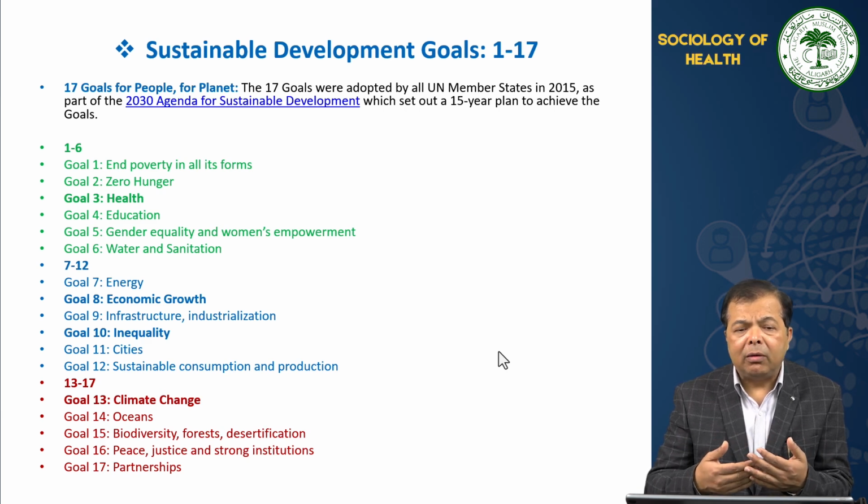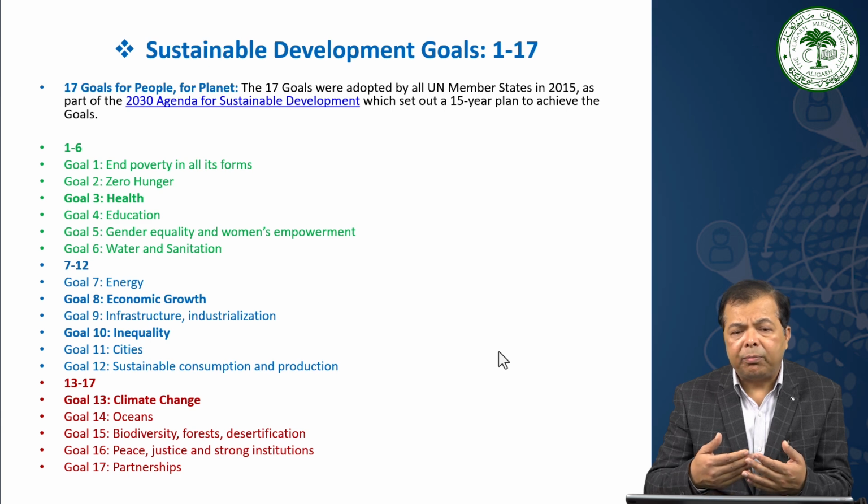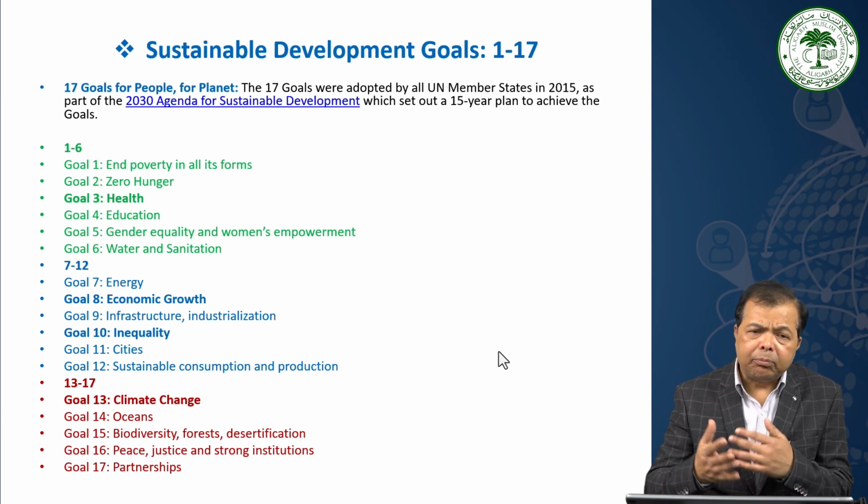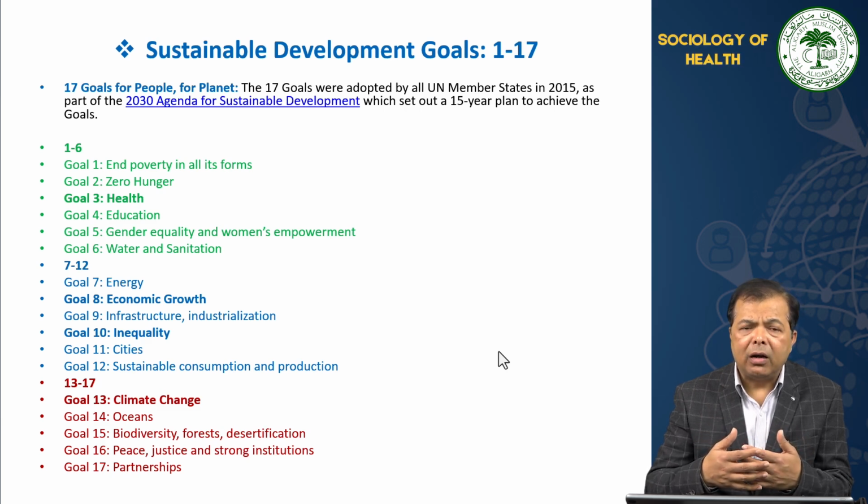And then comes the next important goal, goal number 16, which is peace, justice, and strong institutions. Yes, these are very important. We cannot survive without these. And then partnership, basically. Partnership between the developed part as well as the developing part, and there can be different modes of partnership.